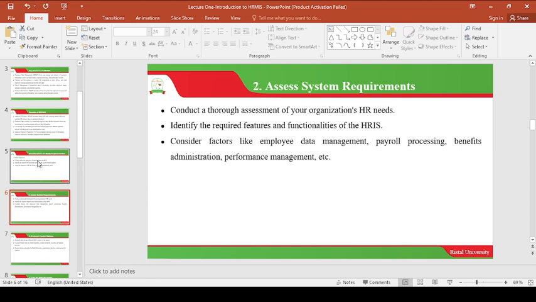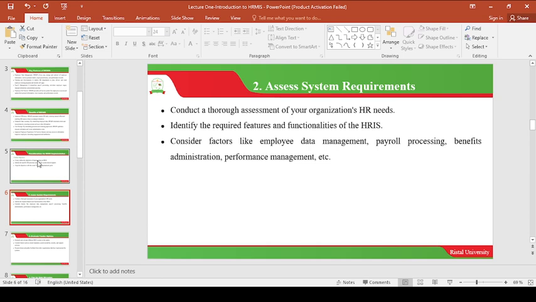The next one is to identify the required features and functionalities of the human resource information system in terms of speed, reliability, and manageability. You don't need to have a system which is complicated to manage. Something complicated to manage is always costly, and it may not give you the required result.